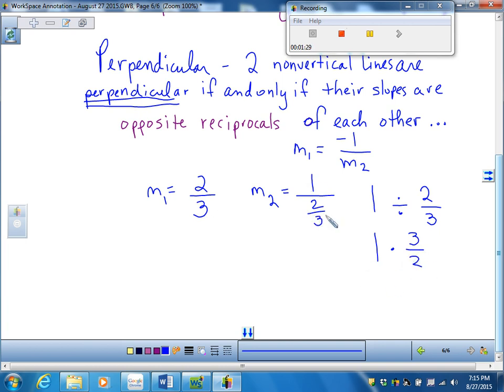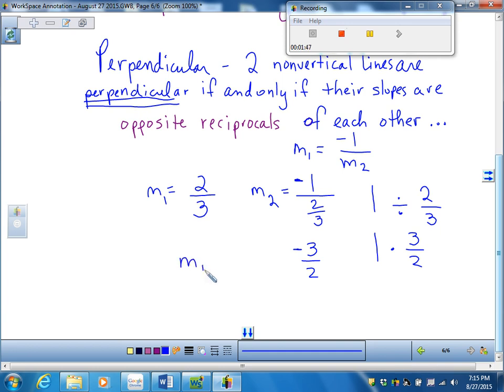So notice that when I take 1 and divide by 2/3, I just get the flip of the 2/3, which is 3 over 2. So if I want this to be the opposite reciprocal, I would do negative 1 over 2/3, which gives me a negative 3/2.